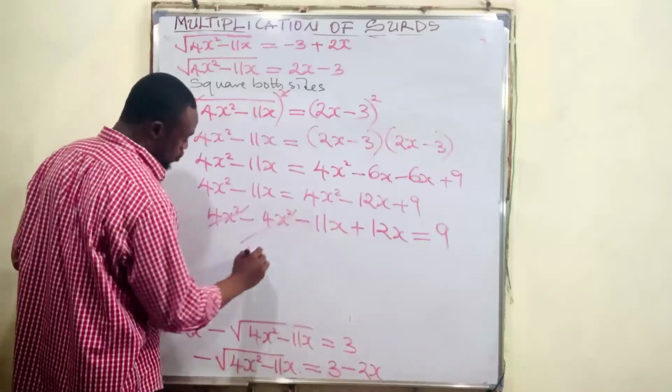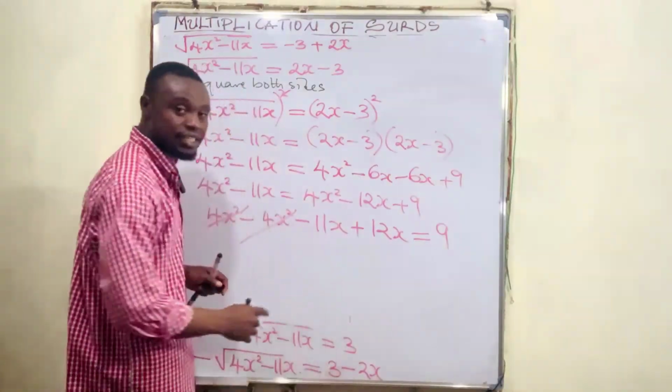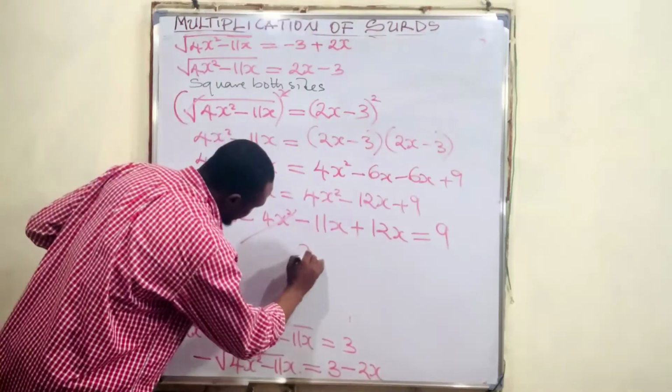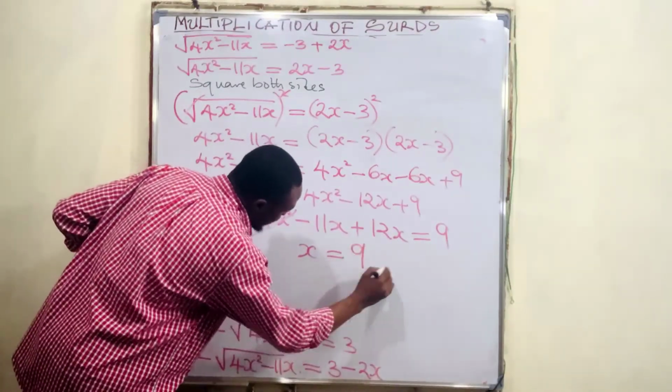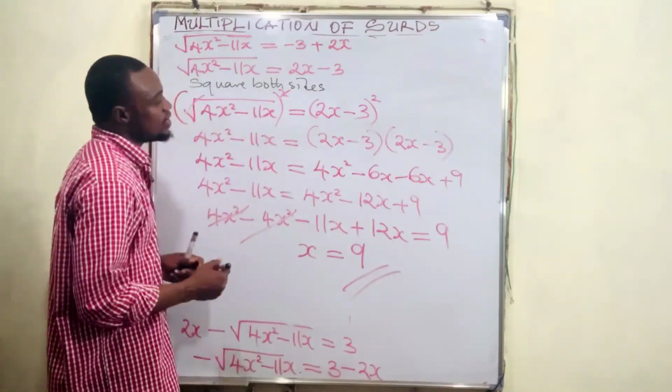So these two go, and we have minus 11x plus 12x is equal to x. So we have x to be equal to 9. So 9 is our final answer. 9 is our final answer.